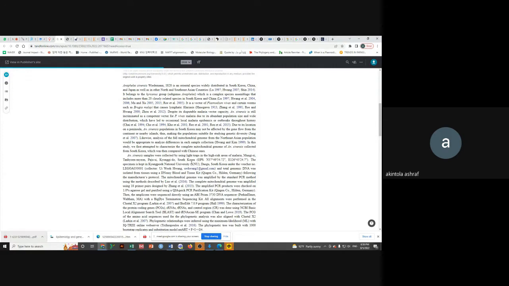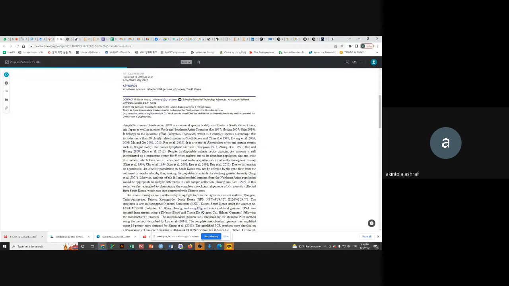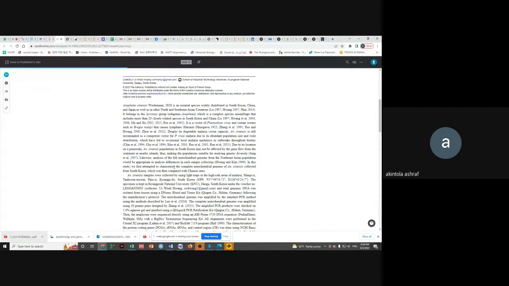In the mitochondria, this work on display is a complete mitochondrial genome. In a complete mitochondrial genome, there are 13 protein coding genes. Among the 13 protein coding genes, CO1 is the most explored because of its stability and its conserved nature.